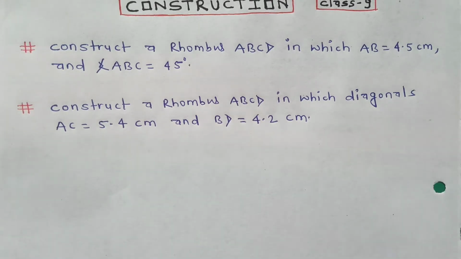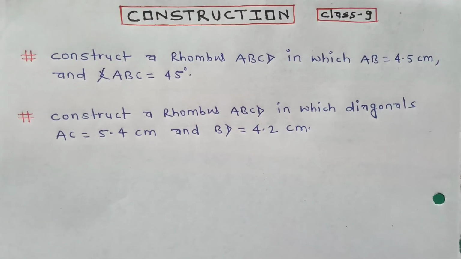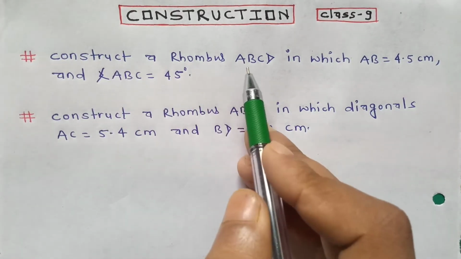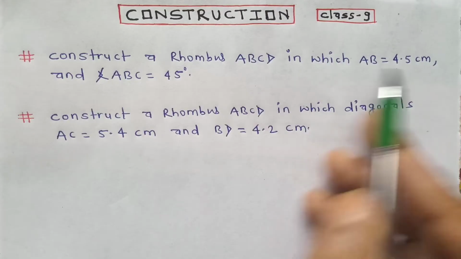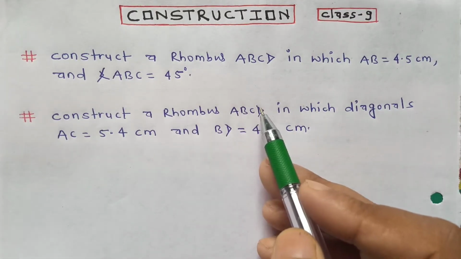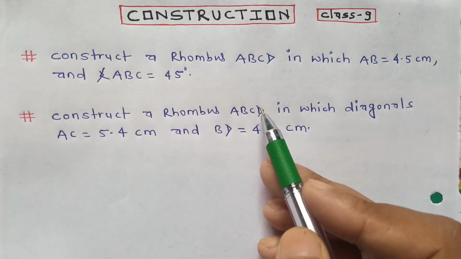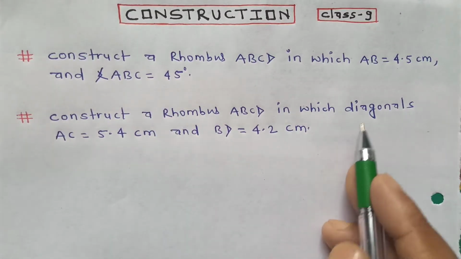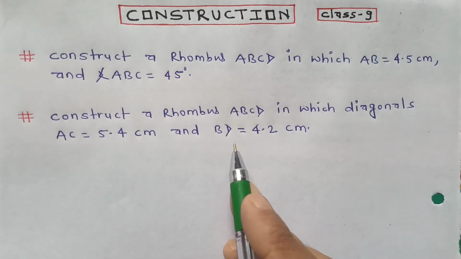So here is the rhombus question which is shown on your screen. Construct a rhombus ABCD in which AB is 4.5 centimeter and angle ABC is 45 degree. There are two types of question that will be provided in your examination about rhombus. One is sides and angle, and the other is where only two diagonals are given.